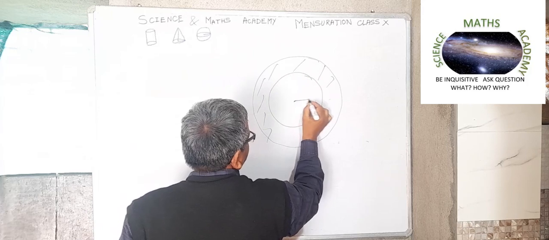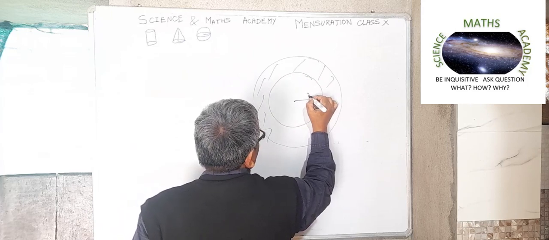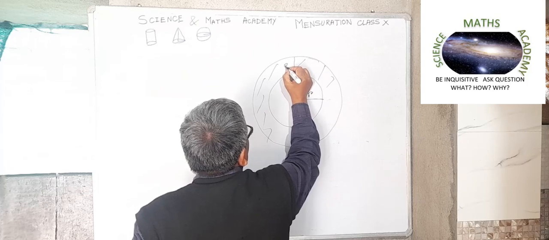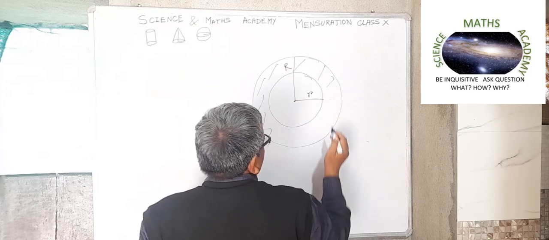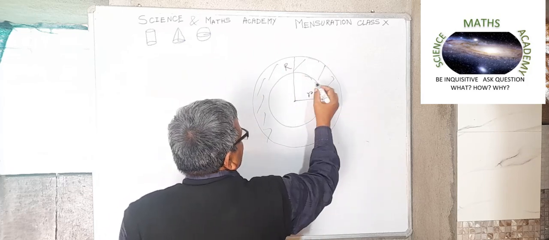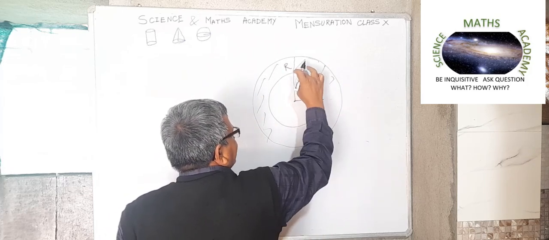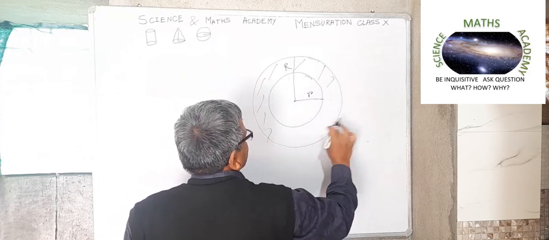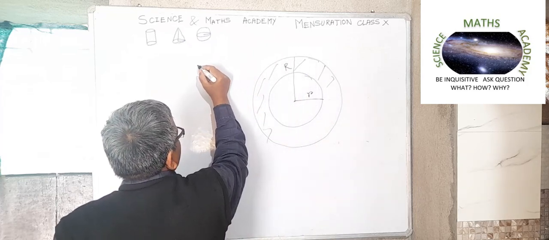Now you can recap. Say this is small r, this is capital R. Total area minus this inner area, cut it out with the blade, and you will get the path.